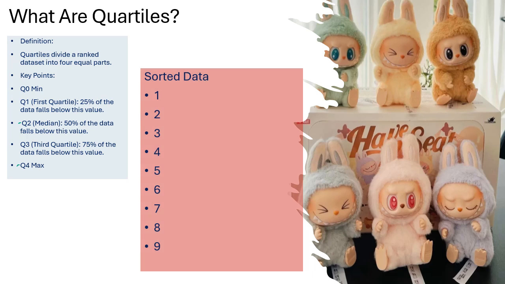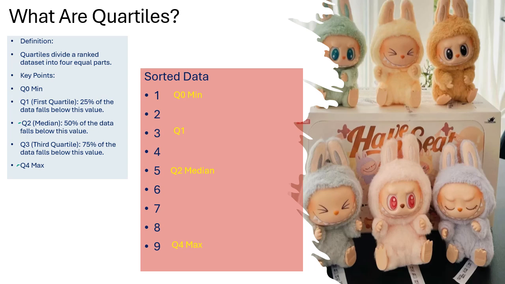So here is how you can understand more by using real sorted data. Let's say we have sorted data from number 1 to number 9. The smallest data is Q0, and the largest data is Q4 or the maximum value. So we divide it from the maximum to minimum into two, and in the middle we will have Q2 or the median. And from Q0 to Q2 we take the middle one, which is 3.